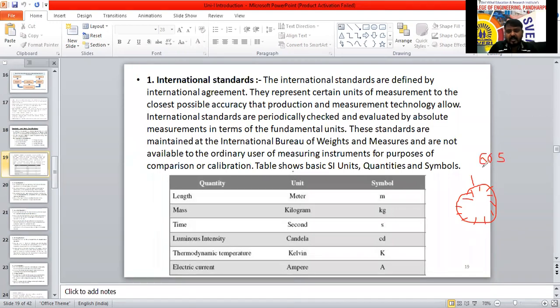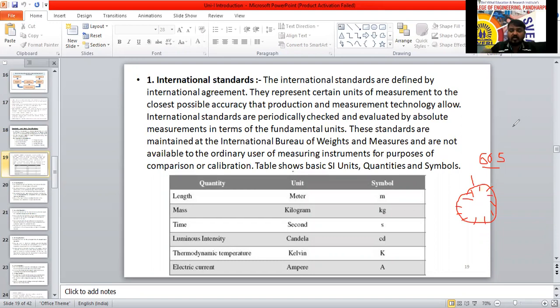Everywhere you go, 60 seconds equal 1 minute only. You can say 30 seconds is 1 minute, but that is your personal choice. Worldwide, we are using 60 seconds equal to 1 minute only, not 30 seconds.